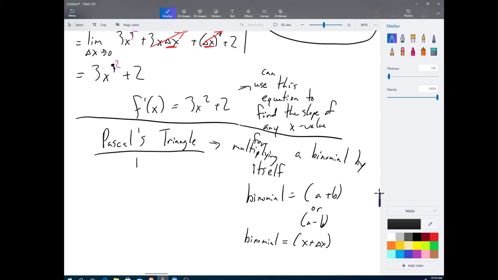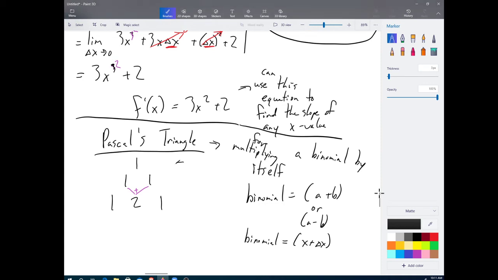Pascal's triangle is almost an artistic mathematical pyramid. On the outside, you always have 1s, and anywhere you have an inside term, you're going to add those 2 together to find what goes in that spot.